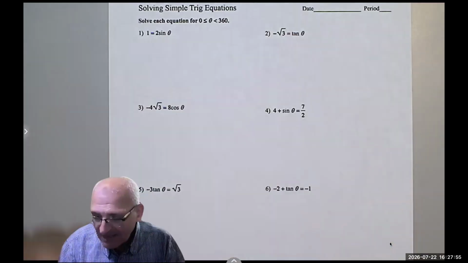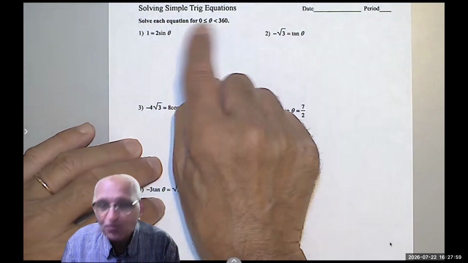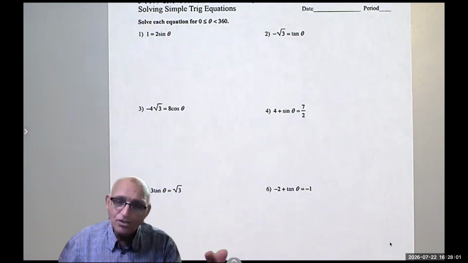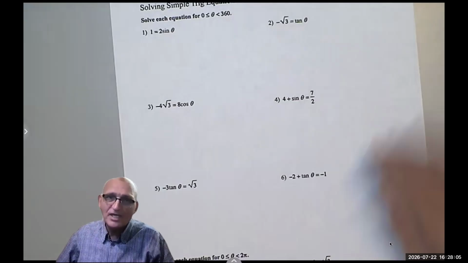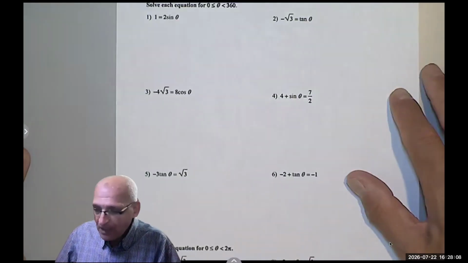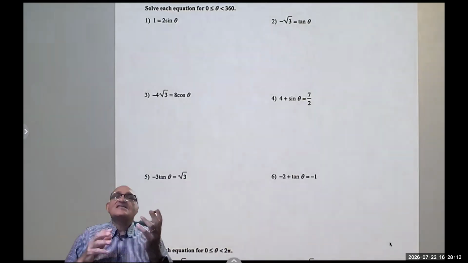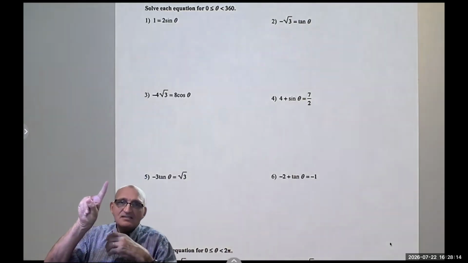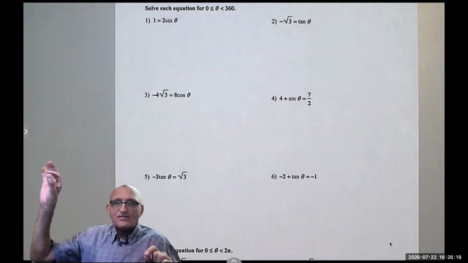But here they wanted to make it easy on you, so they said solve each equation for theta between 0 and 360. Or if we are given that in radians, they will say between 0 and 2 pi. Usually when you solve, you see that sine is positive in first and second, cosine in first and fourth, tan in first and third.